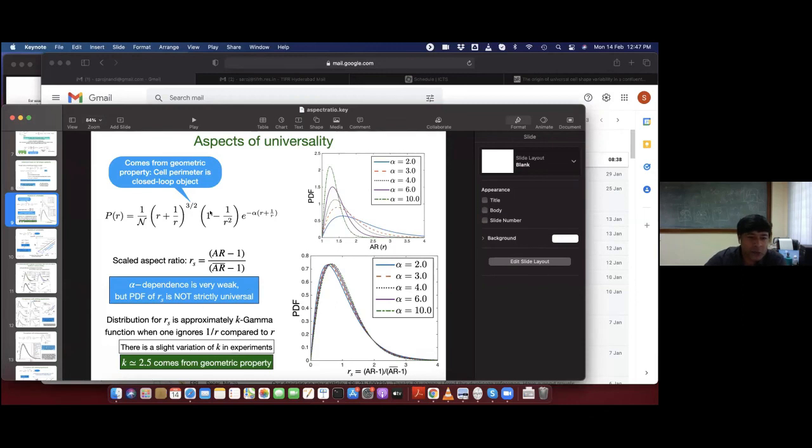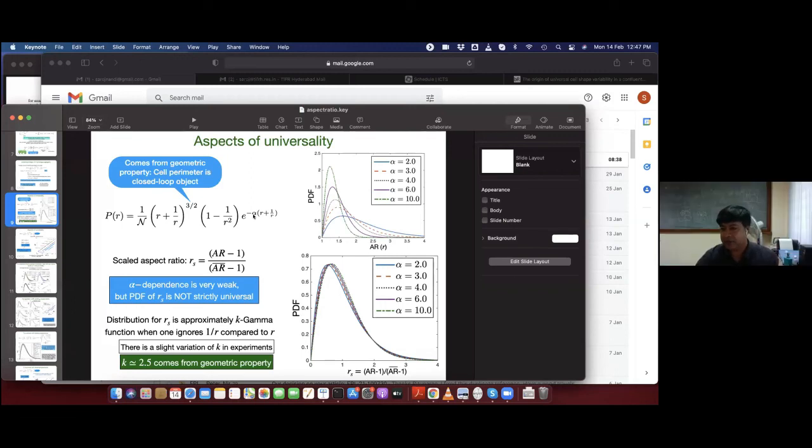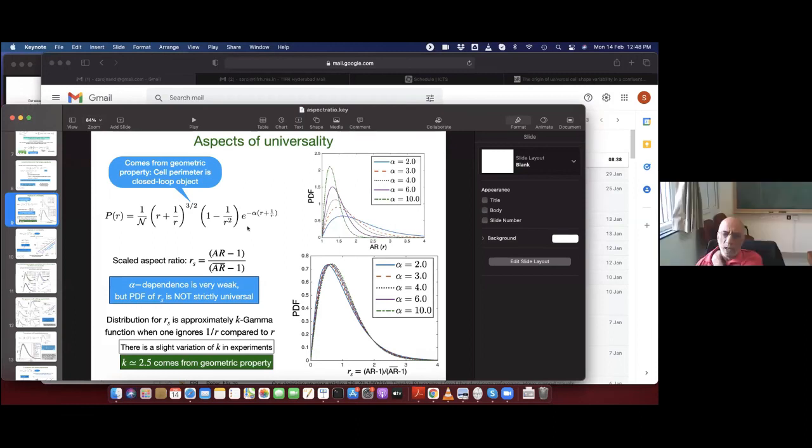So here there can be two parameters: one is 3/2 and the other is alpha. 3/2 comes from the property that the cell perimeter is a closed loop, so that cannot change. So it can only enter via alpha. We did simulate with division and apoptosis, and in that case also this particular form works quite well. I see. So it changes the value of alpha. Nice. Okay, thanks. Very interesting.